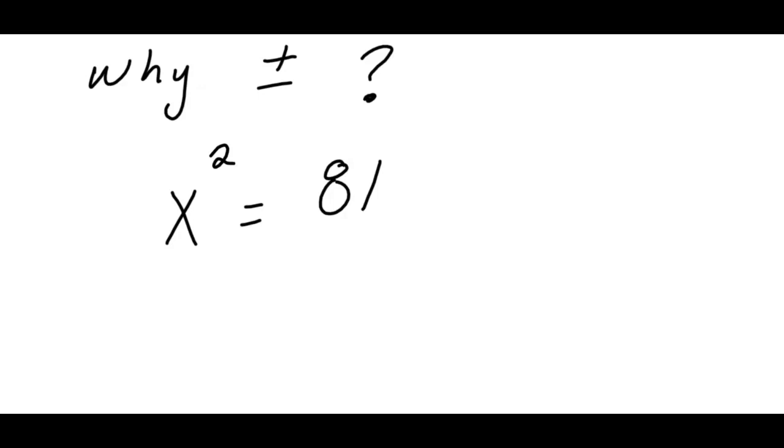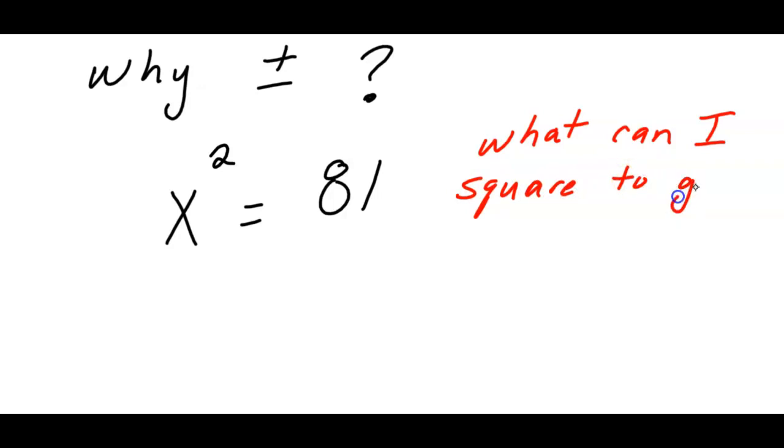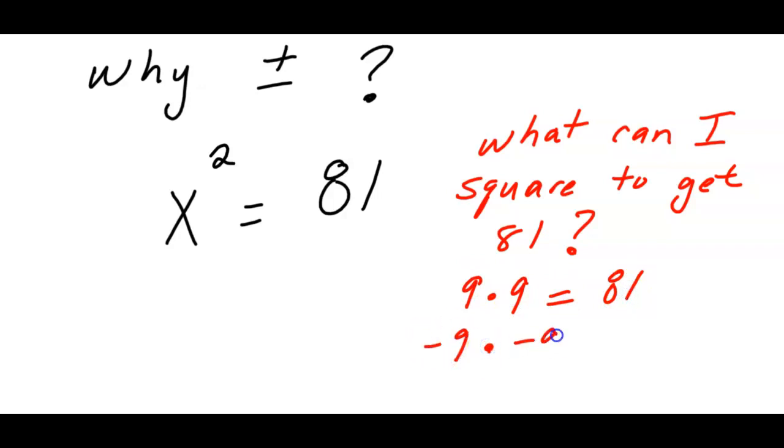It's basically asking what can I square to get the number 81. So basically, what could I have plugged in here to make this a true statement? Well, if you do 9 times 9, you get a positive 81. If you do negative 9 times negative 9, you also get a positive 81.